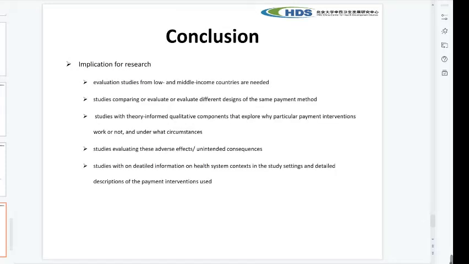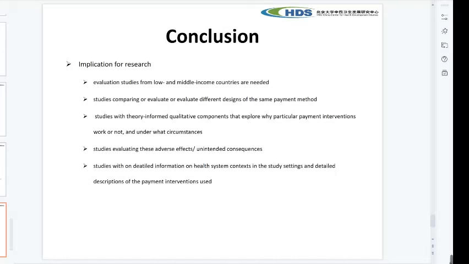We propose the following suggestions for future study. We need more evaluation studies from low and middle income countries. We need more studies comparing or evaluating different designs of the same payment method, not just a change from one kind of payment method to another.